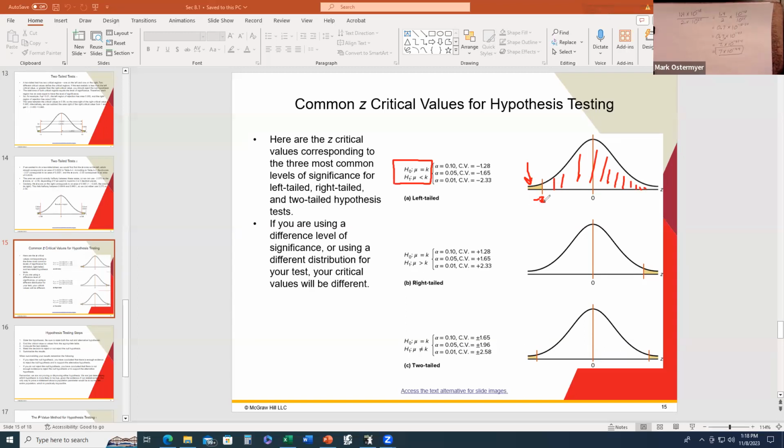Common critical z-values for such a lower tail test, if we're testing at 10%, our critical z-value would be negative 1.28. If we're testing at 5% level of significance, the critical z-value would be negative 1.65. If we're testing at 1%, the critical z-value would be negative 2.33. All of these can easily be found using your inverse norm function.